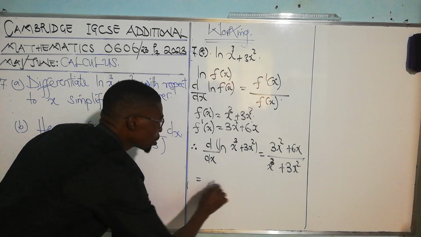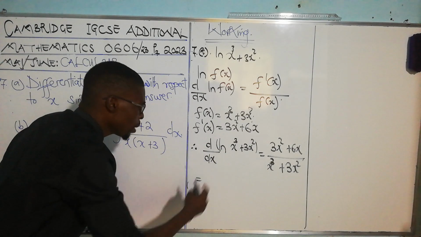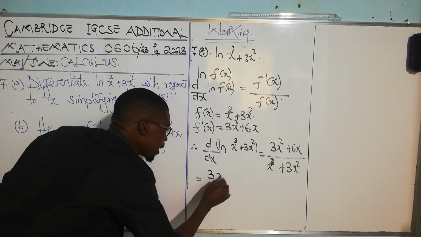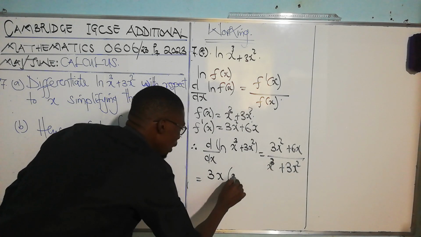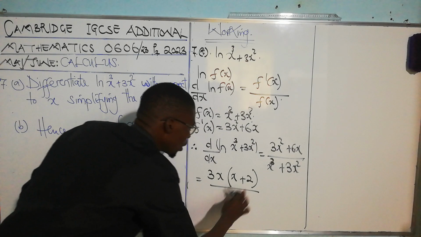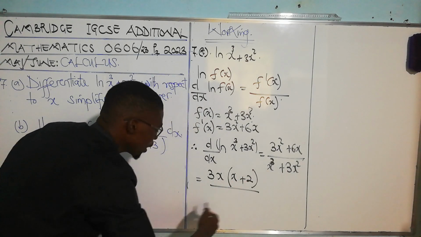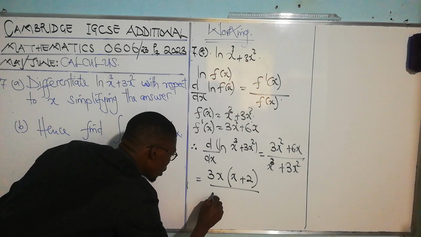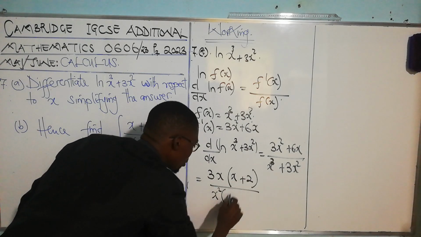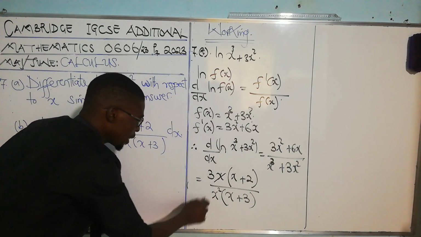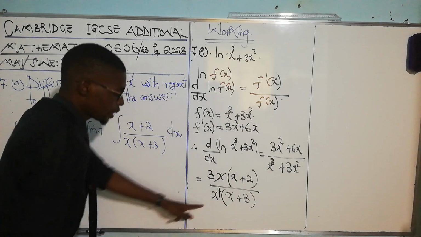So that will be equal to, you can factorize the numerator and denominator. When you factorize the numerator, you have 3x being common, and what will remain there is x plus 2, over, here what is common? x squared is common. What will remain is x plus 3. This x can divide one of the x's that we have here.